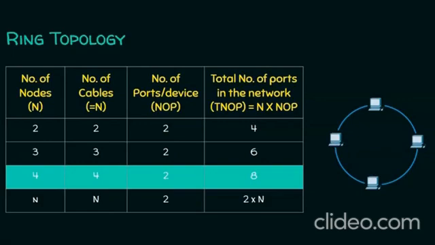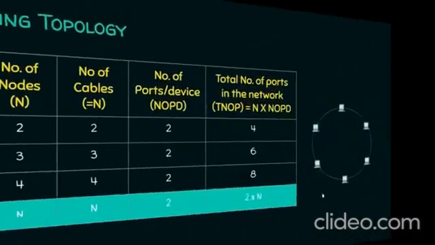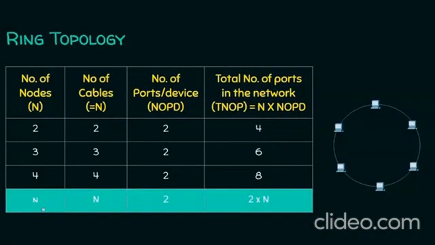If there are 100 nodes in a ring topology, it is very difficult to manually draw 100 nodes and solve it. So we need a formula to do this. The generic formula is, if there are n nodes, then we need n cables. Each node must have 2 ports. Therefore, the total number of ports in the network is equal to 2 into n.